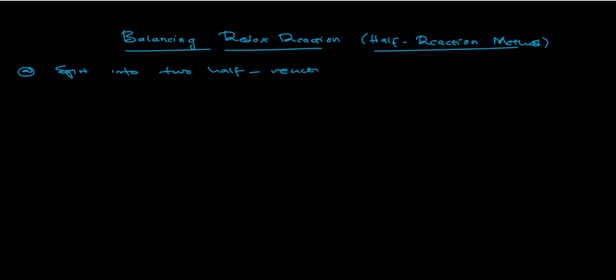Of which one should be an oxidation half reaction. The other one should be a reduction half reaction. So you are given an equation. You are going to consider which part of the equation is being oxidized and which one is being reduced. You split into two equations. You are going to understand this one once we start solving. So if you have a notebook, try to take note of the steps.